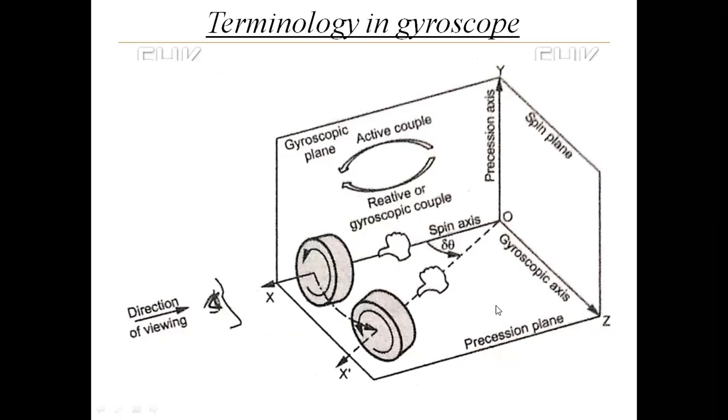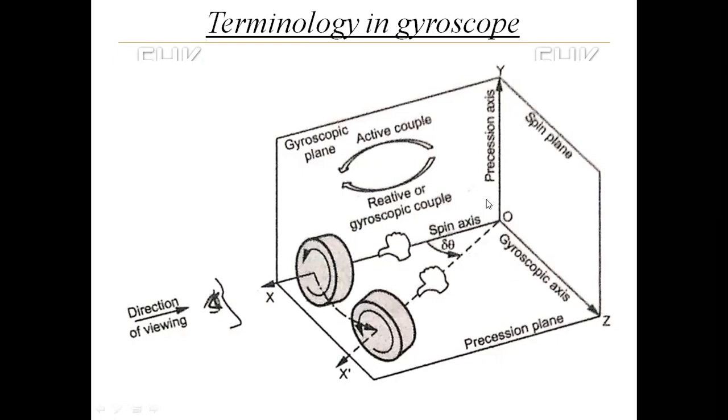So from the top view, you can see the actual rotation of the complete gimbal system or gyroscope. The plane in which you can see the rotation of the spin axis is called the precession plane.